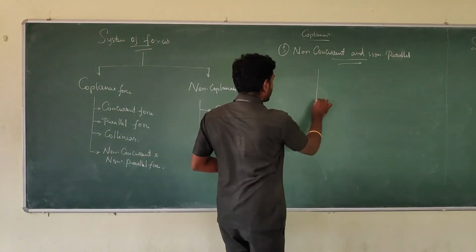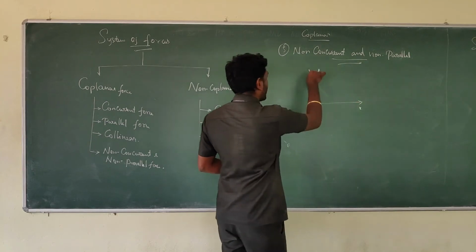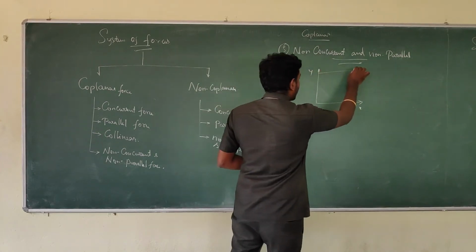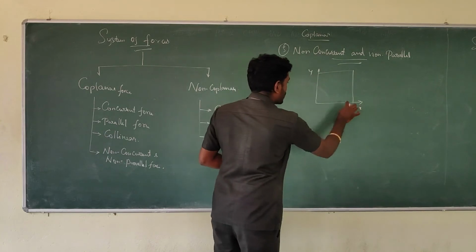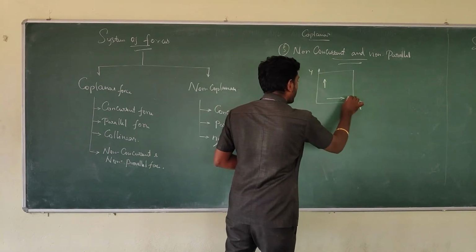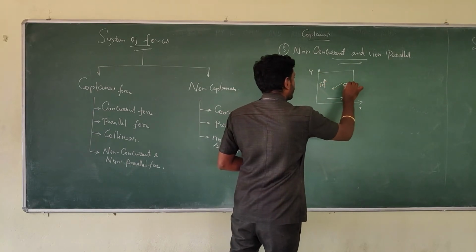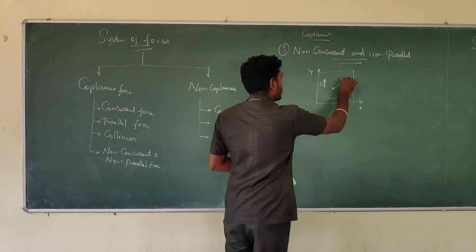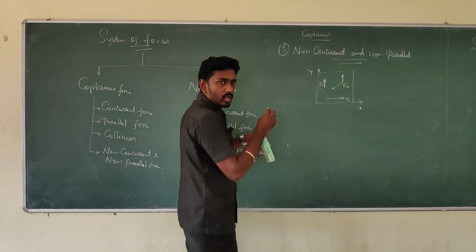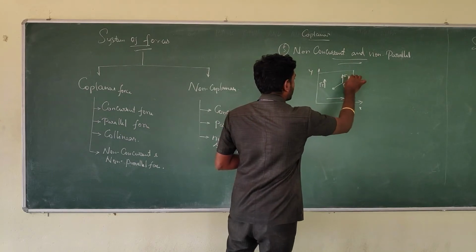For example, I can show the picture, x, y. It is acting in a single plane since it is coplanar. All the forces F1, F2, F3 are not meeting at a point or parallel to each other, something like that.